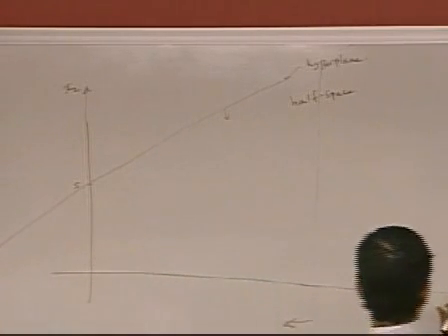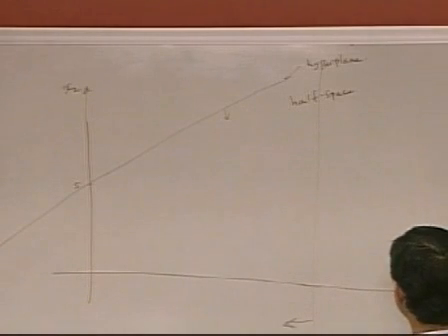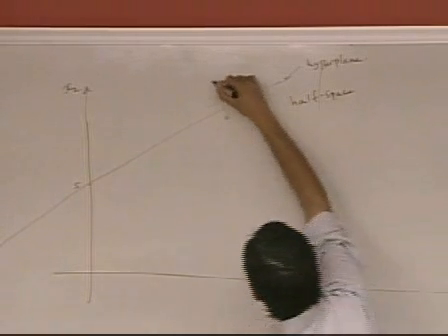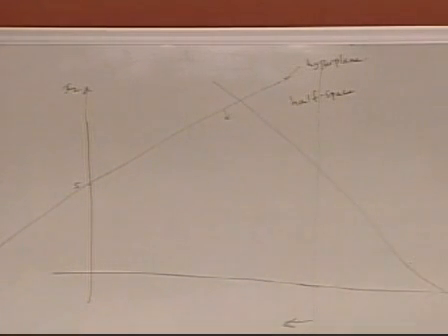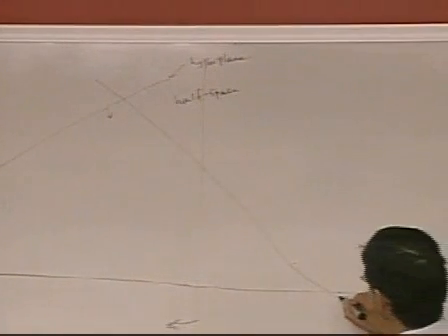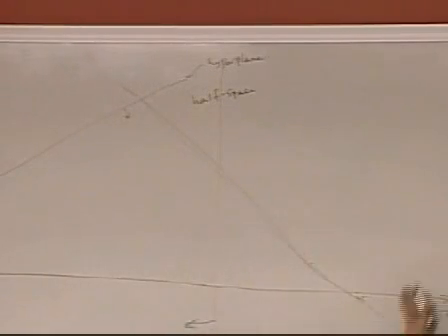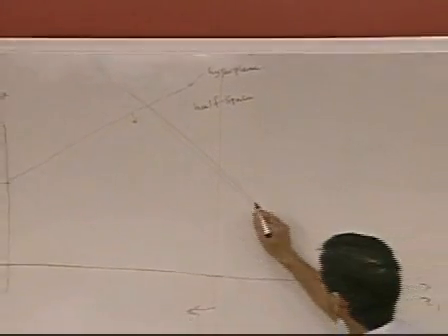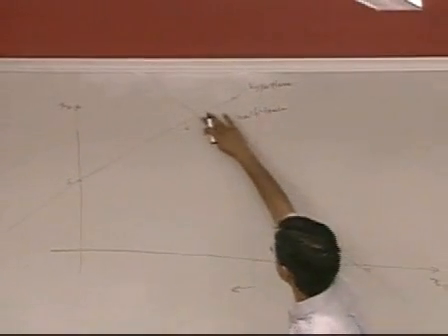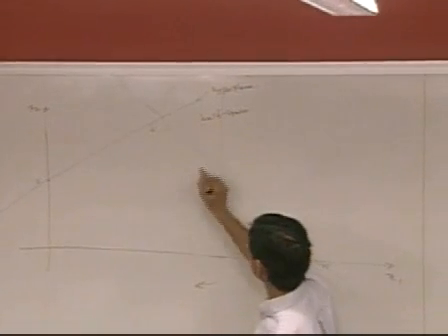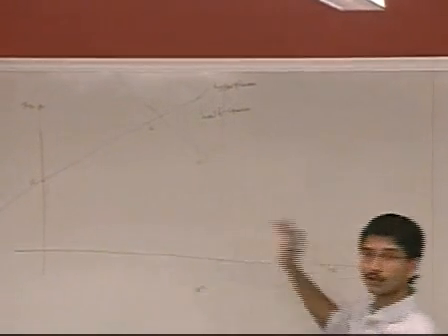So it's something like this, and you get a straight line. Once again, it's easy to check that the feasible region with respect to that constraint is on this side of the line.